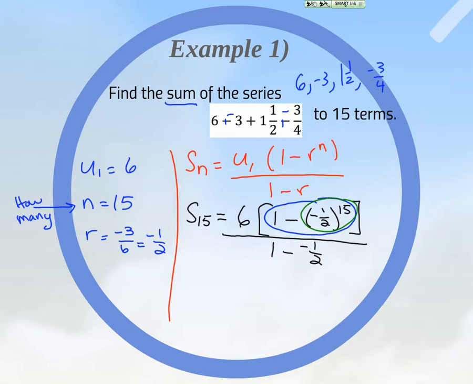So I end up with 6, and then I'm going to write these all down and we'll talk about it. This big old number here. And then what's in the denominator? 1 minus -1/2.